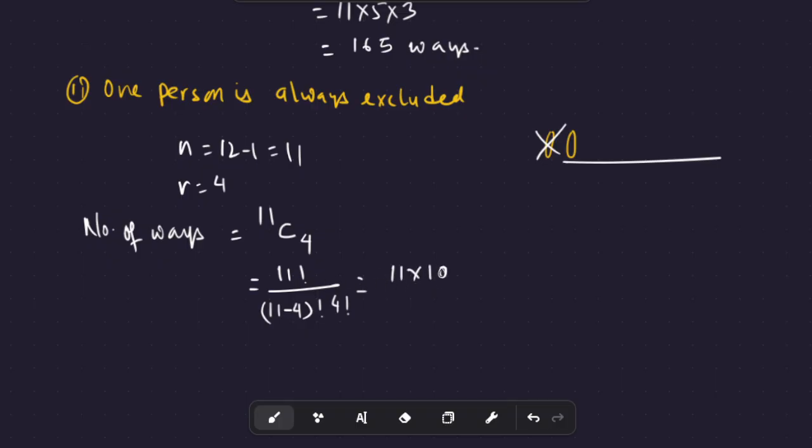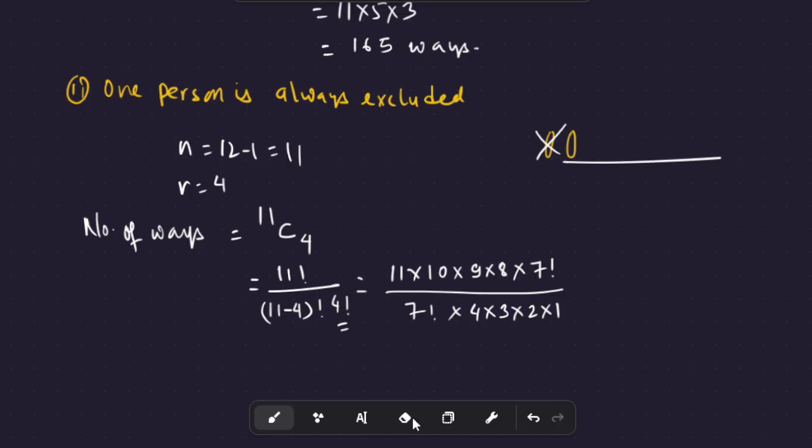11 times 10 times 9, 8. Now we can stop at 7 factorial because 11 minus 4 factorial becomes 7 factorial. It can be cancelled, so that is why you can stop here at 7 factorial. And this 4 factorial can also be expanded as 4, 3, 2, and 1.